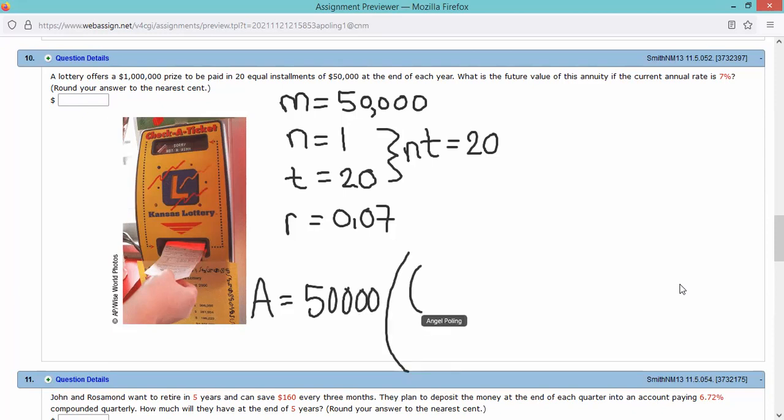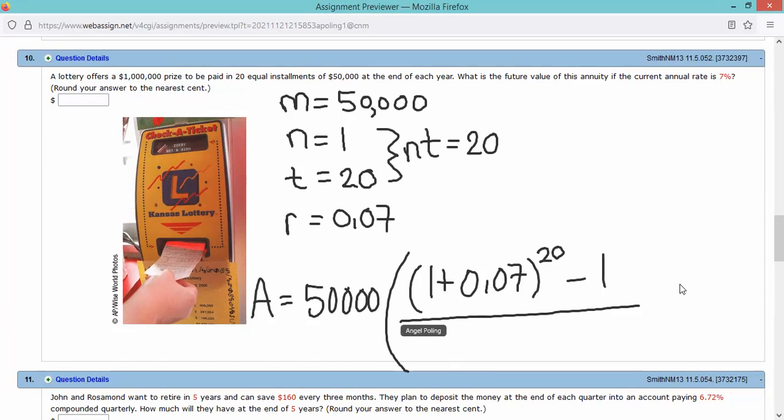That's our exponent, right? A equals M times 1 plus R over N, and we don't have to divide by 1, right? So we'll just write 0.07 raised to the 20, subtract 1, and then divided by the rate divided by N, which is 1.